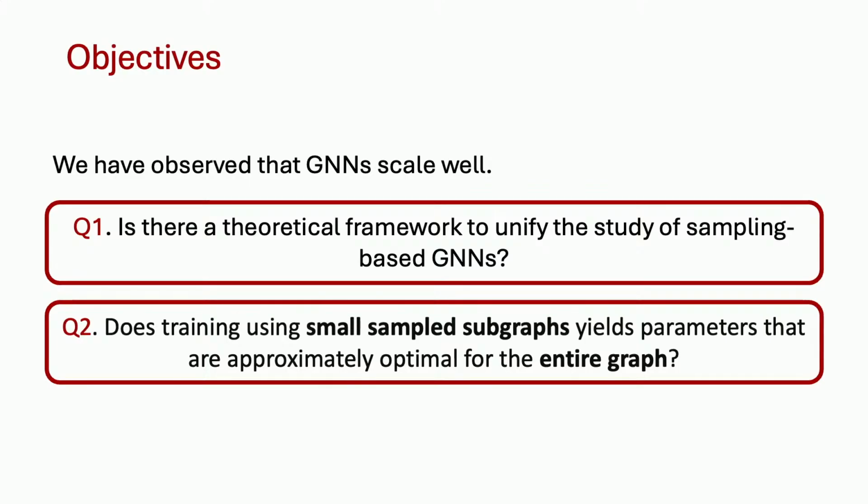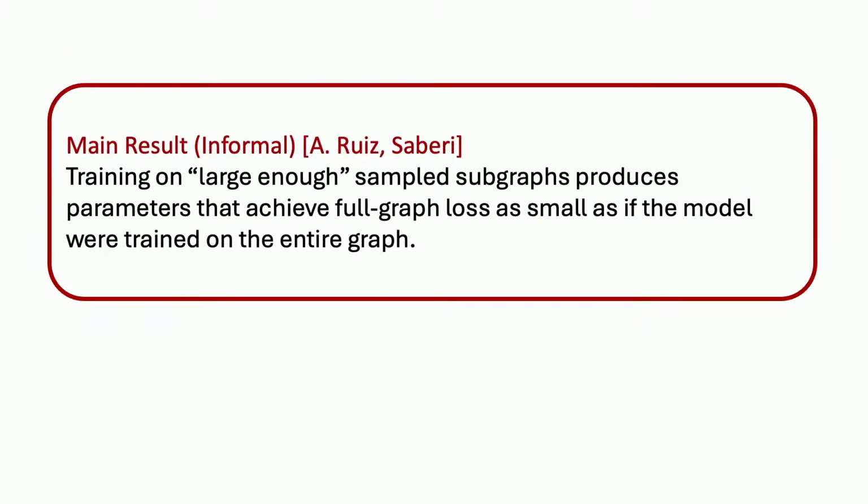These are the main questions, and I'll tell you our result at a very high level first, and then get into more detail next. At a high level, we show that training with a large enough sample size gives us parameters such that if I use the same parameters on the full graph, I would get the same loss.